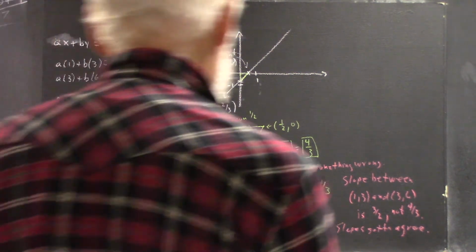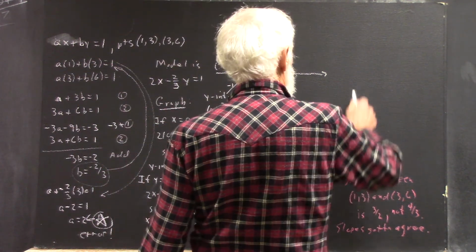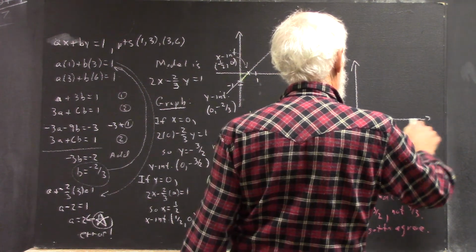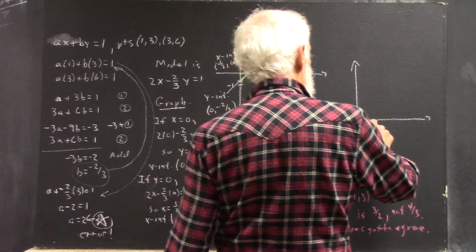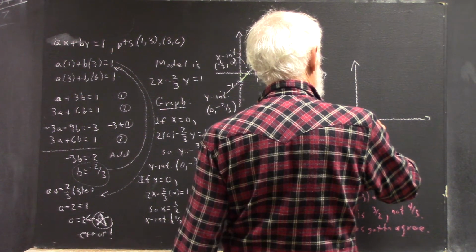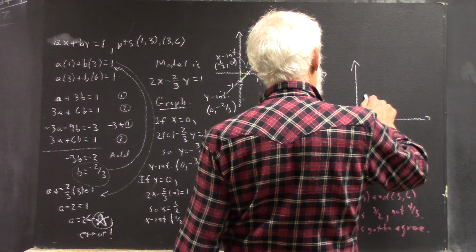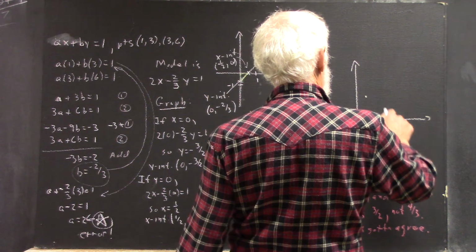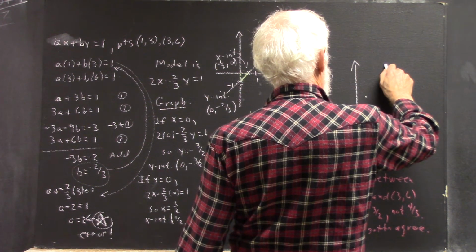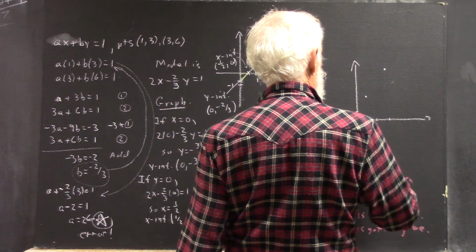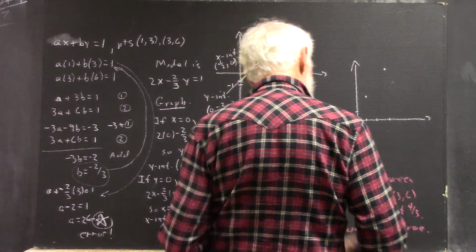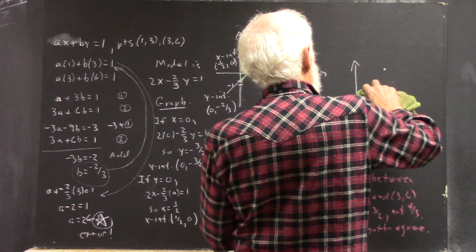Now you see, if we do a little better picture, we're starting from like -2/3. This would be 1, and this would be 1. So (1, 3) would be about here, and (3, 6) would be about here. That doesn't look right at all. So my scale's screwed up. Let's fix it.